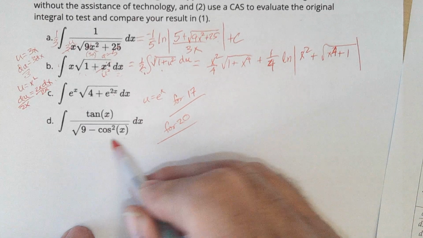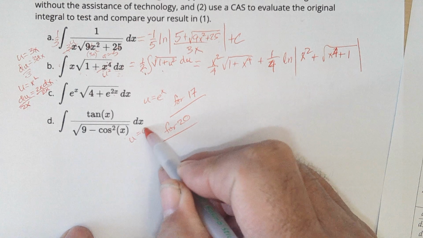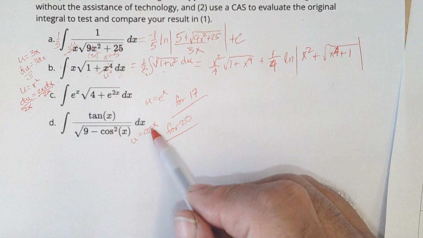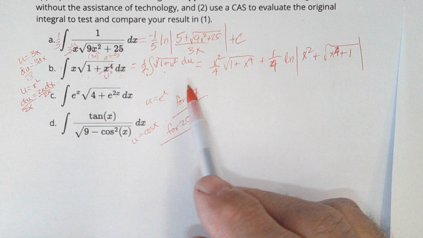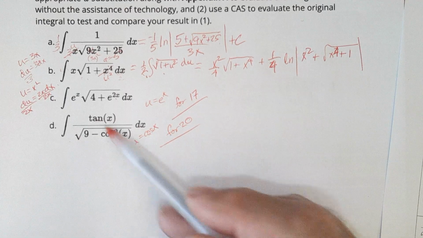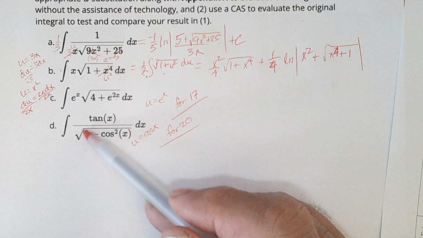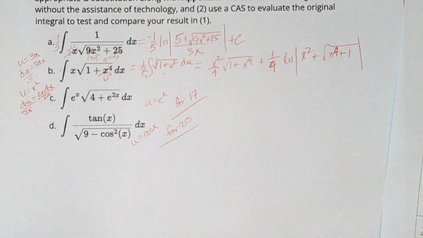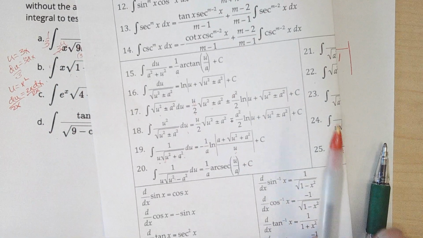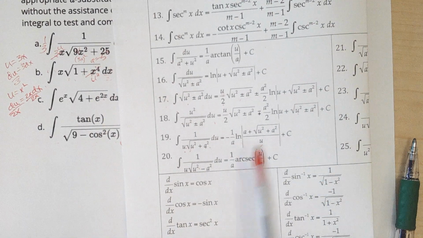And you're going to let u be cosine x, because its derivative is going to be a sine, which is going to cancel the sine and the tangent, and you'll have another cosine, which is u times the square root of 9 minus u squared. And that's going to look like 20. Oh, wait a minute.